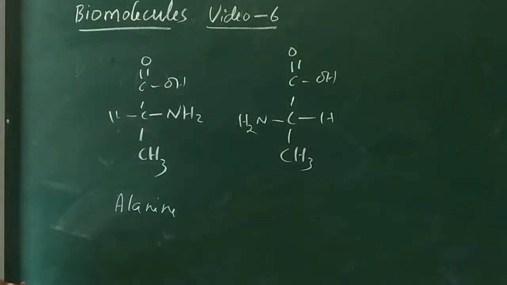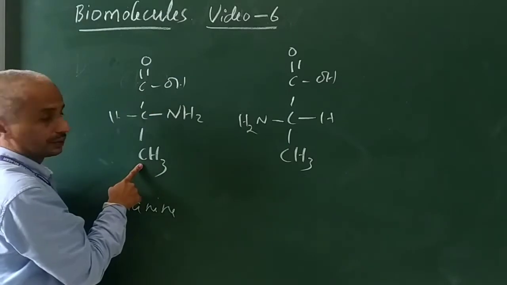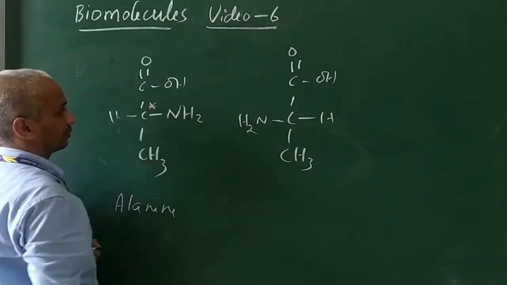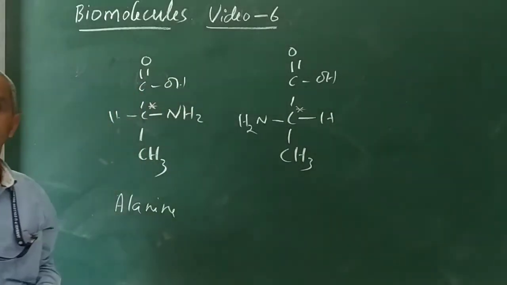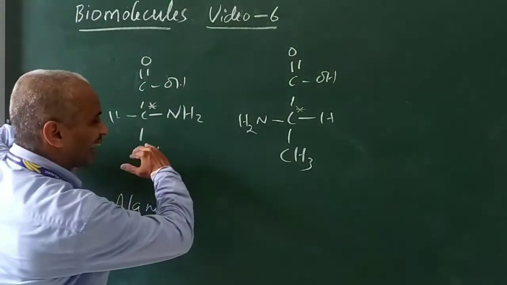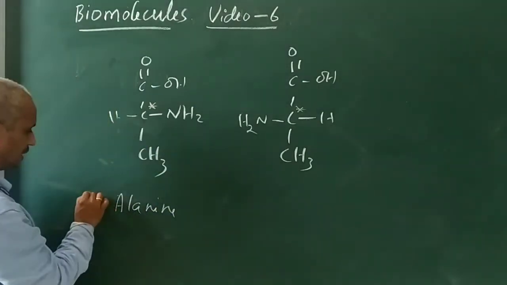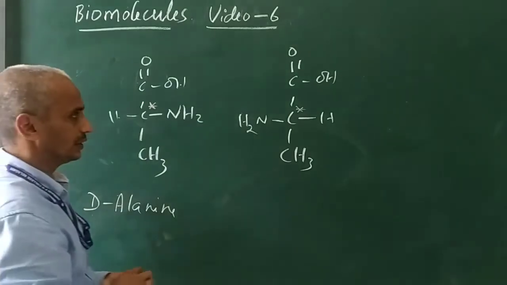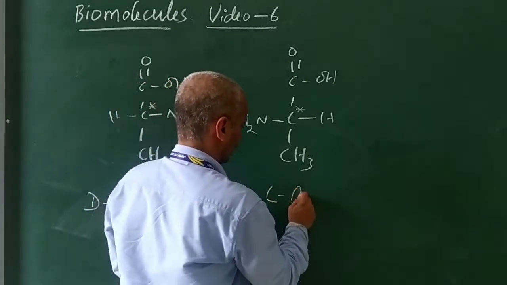Now, see here. This is not asymmetric, nor this one. This is the asymmetric carbon, the chiral carbon. So what happens then? NH2 is on the right side, then it is D. Whereas here, NH2 on the left side, this is L-alanine.